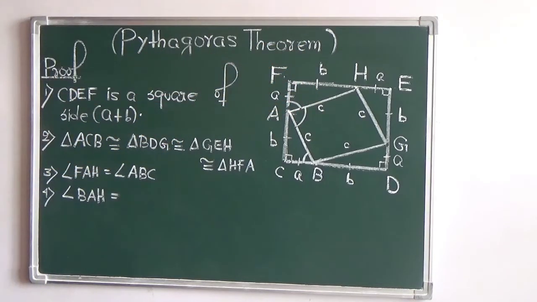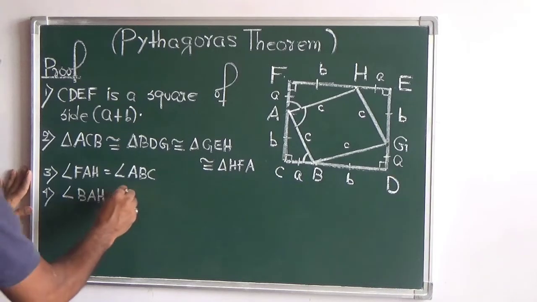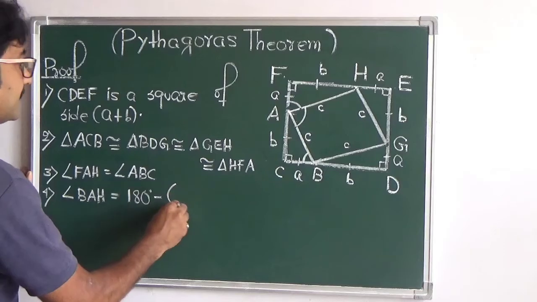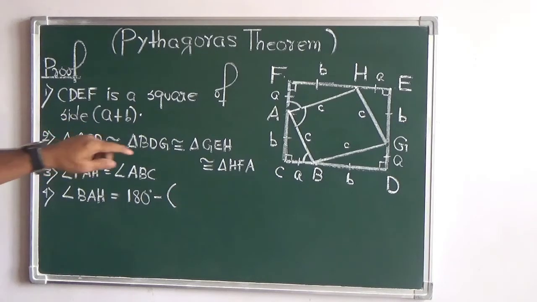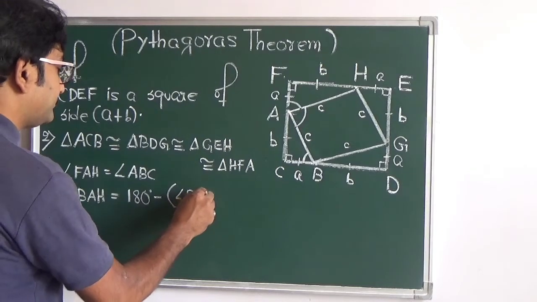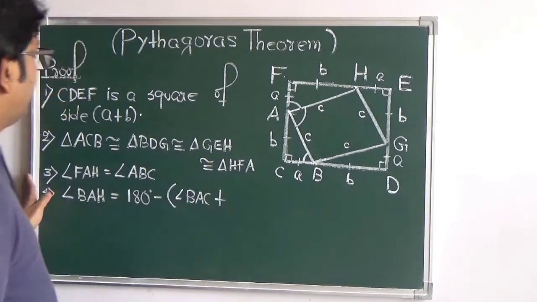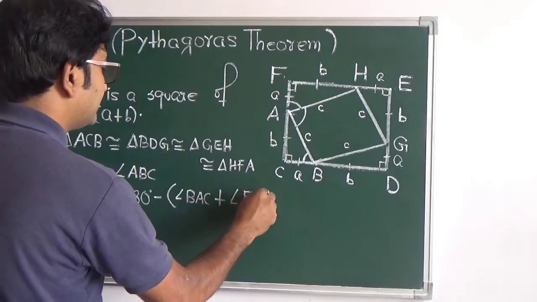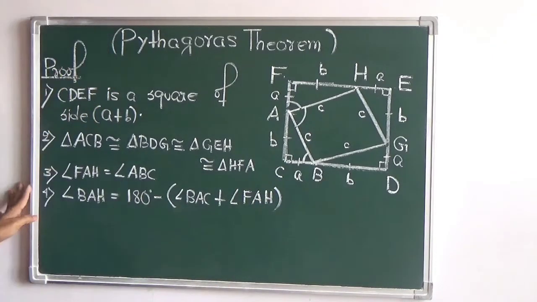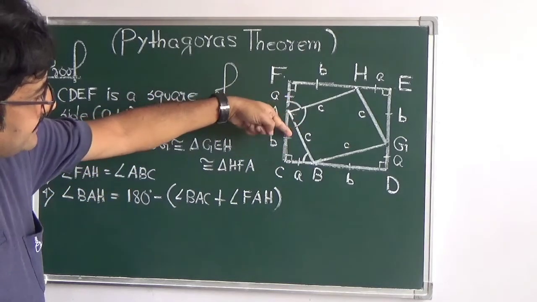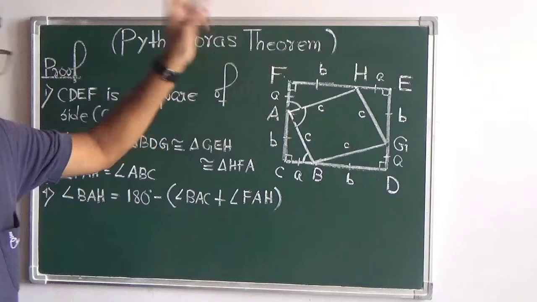So we'll write angle BAH is equal to 180 degrees minus which two angles? Angles BAC plus angle FAH. Is it okay? BAH, this angle is 180 minus this angle plus this angle, right?